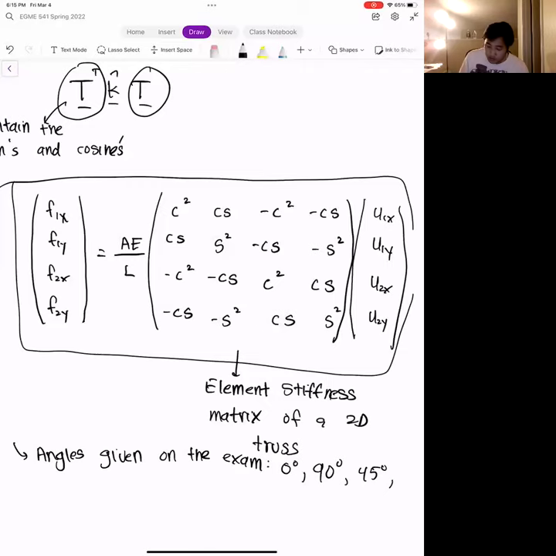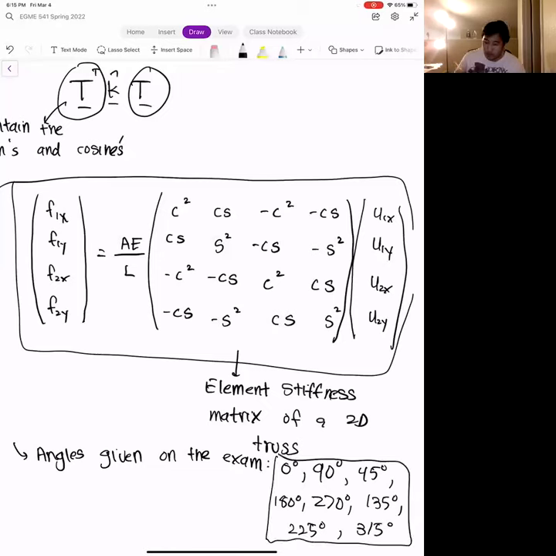So it could be something like 180 degrees, 270 degrees, so those are all the multiples of 90. We can also have 135 degrees, 225 degrees, and also 315 degrees. Those are the only angles that you can expect to have on the exam.